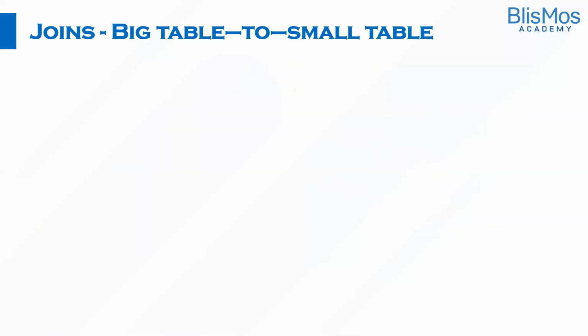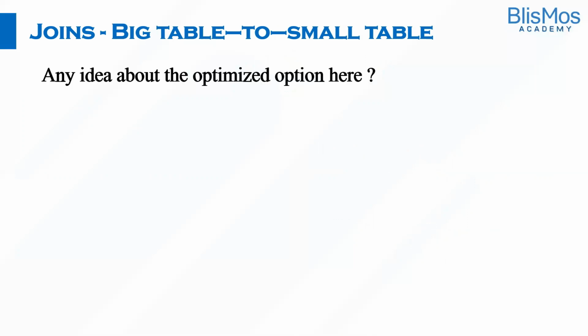Now that we understood how the big table with the big table is joined, what may be a possibility of the join there? Whenever we have to join a big table with a small table, any idea if there is any optimization possible here?